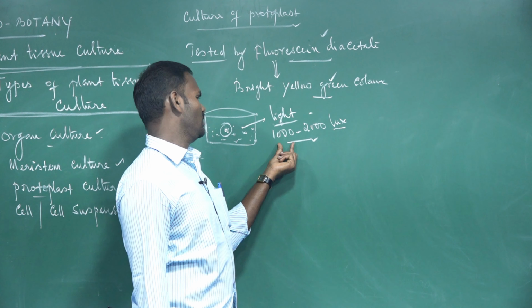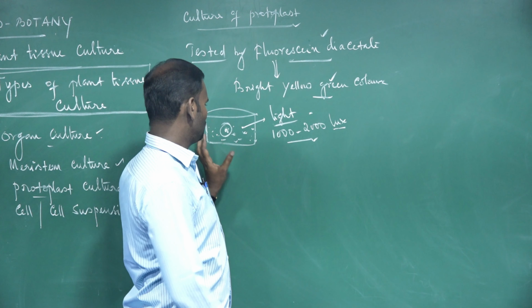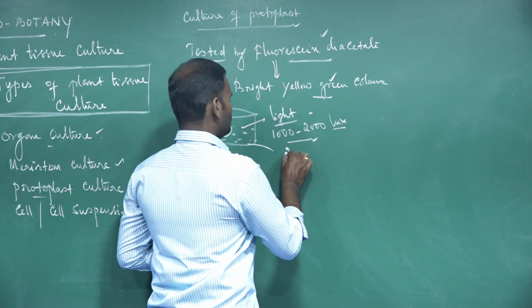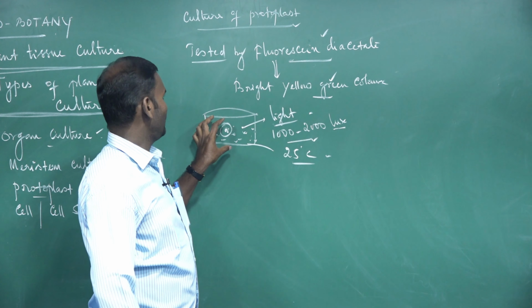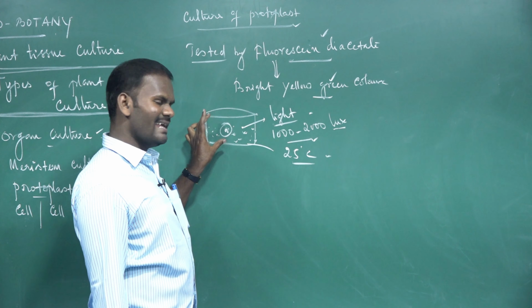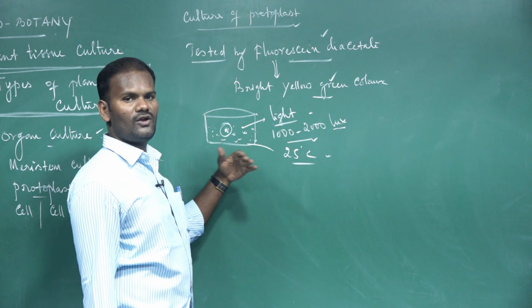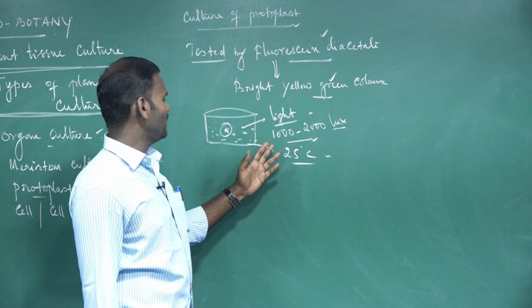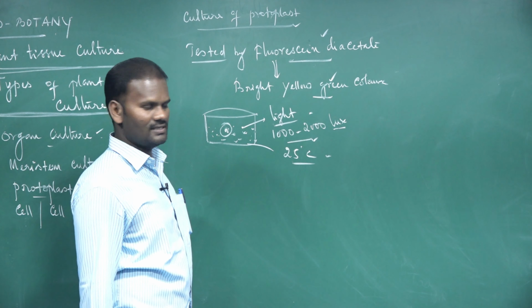Minimum 1000 units, maximum 2000 units of light are introduced, at 25 degrees Celsius. These hybrid cells, the fusion of protoplasts, are incubated in laboratory conditions with light intensity of minimum 1000 to 2000 lux at 25 degrees Celsius.